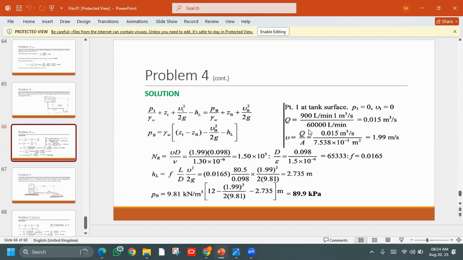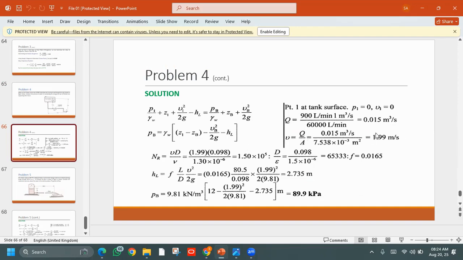So we multiply 1000 with 60, and then the answer becomes 0.015 meter cube per second. That is converted from liters per minute to meter cube per second. So now we can calculate the value of velocity, which equals Q over A. So the velocity equals 1.99 meters per second.